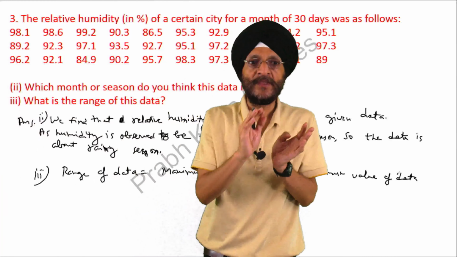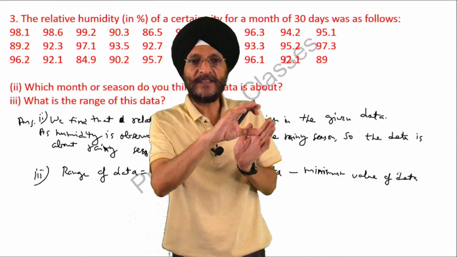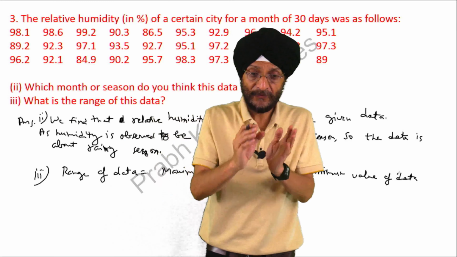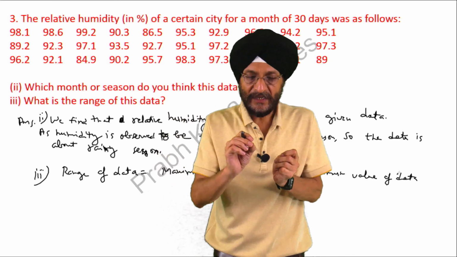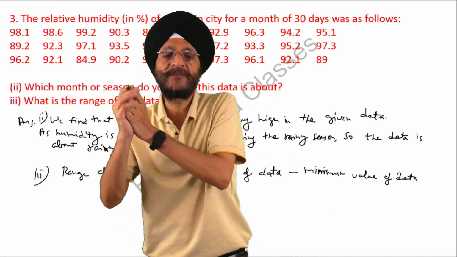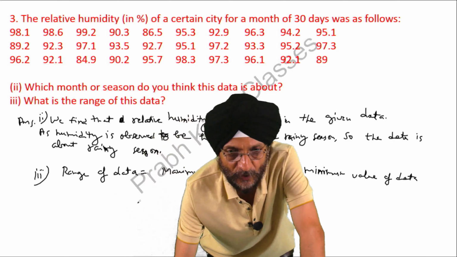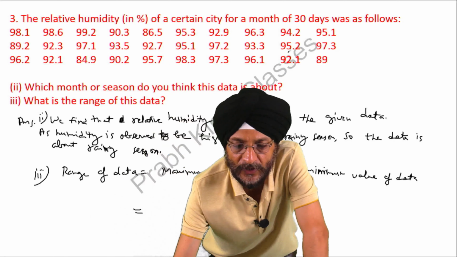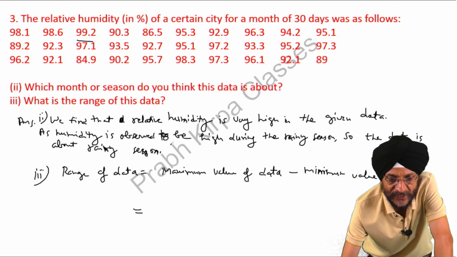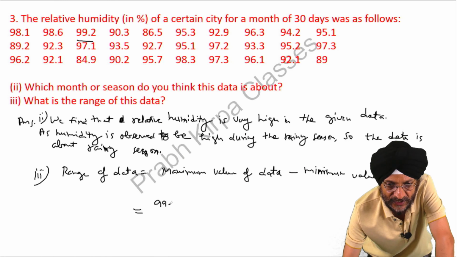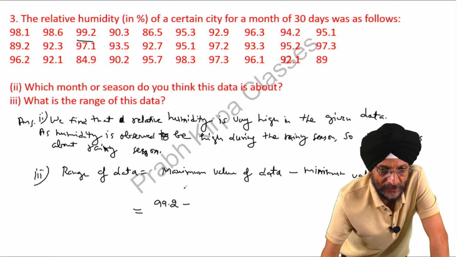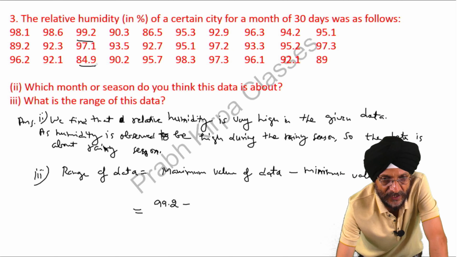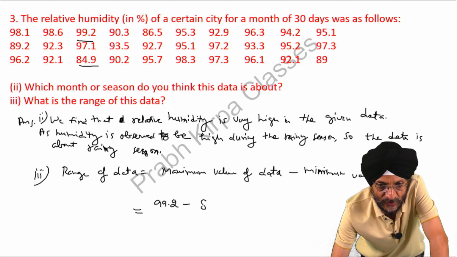In the same way, for the data given here, we will first find the minimum value of data and the maximum value of data. Here the maximum value of data which we found was 99.2. And the minimum value of data was 84.9.